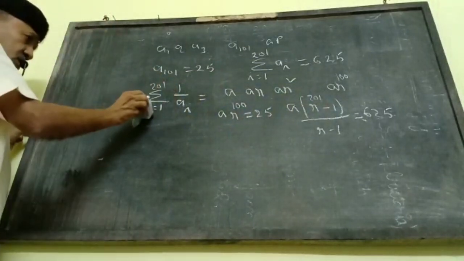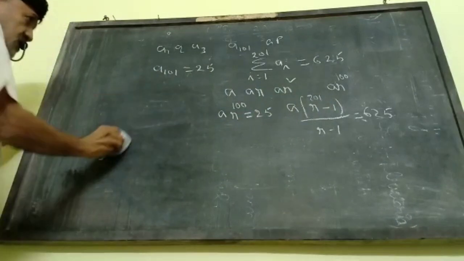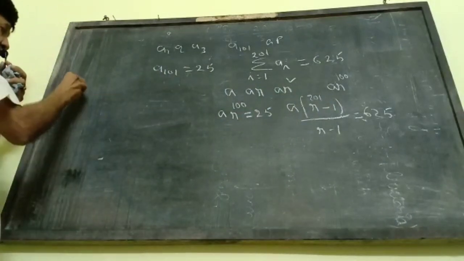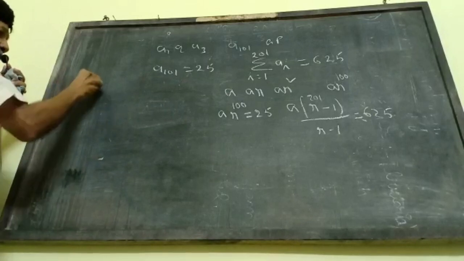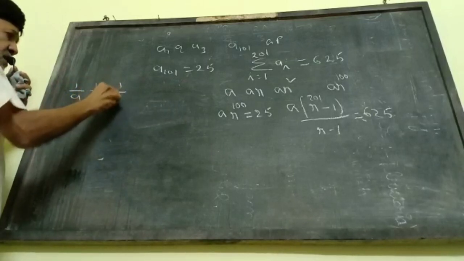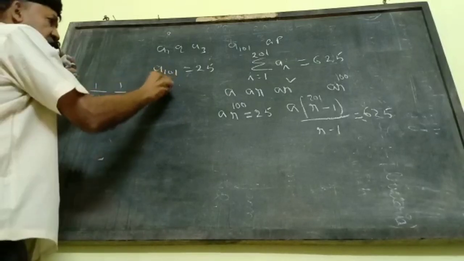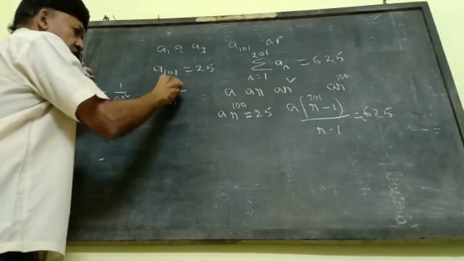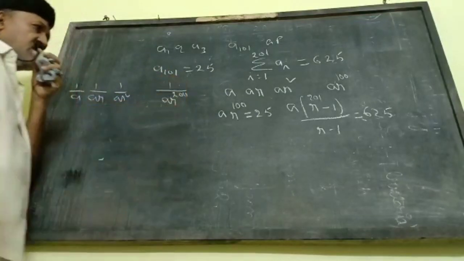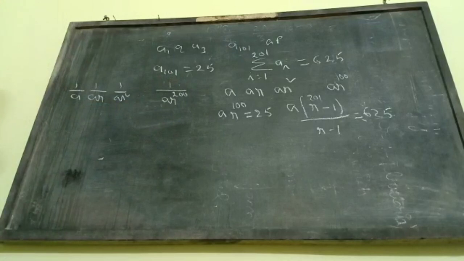When you closely look at this, it is nothing but 1 by A, 1 by AR, 1 by AR square, up to 1 by AR to the power of 200. This is also a geometric progression, right?